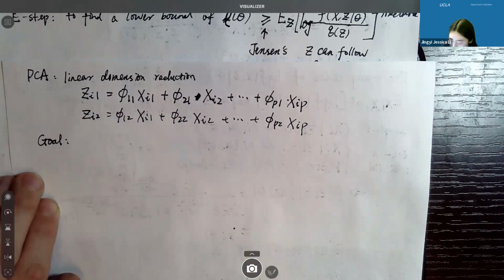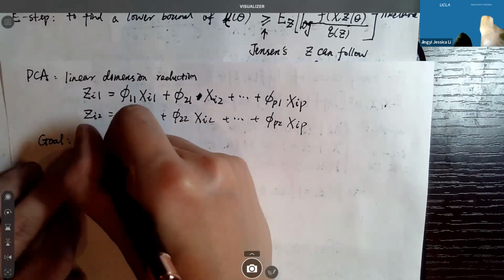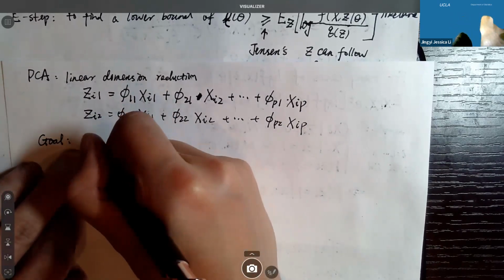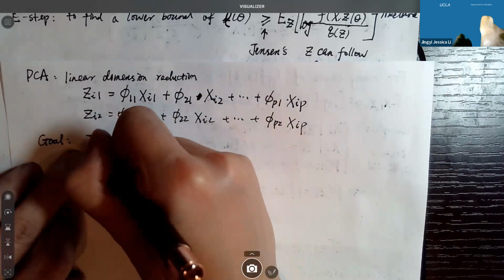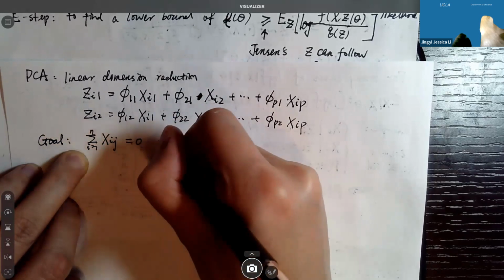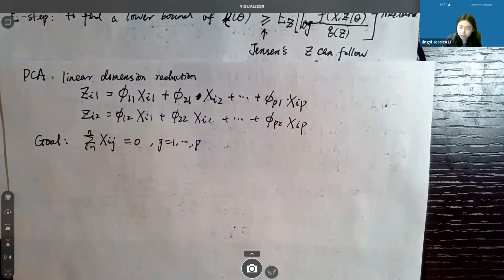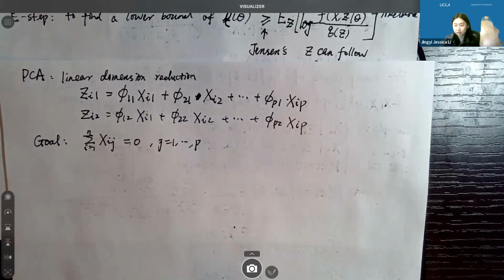Now I'm going to simplify the problem so that for each j, the xij sum up to 0. That means in each dimension, we center our original data so that the mean and the sum is 0.